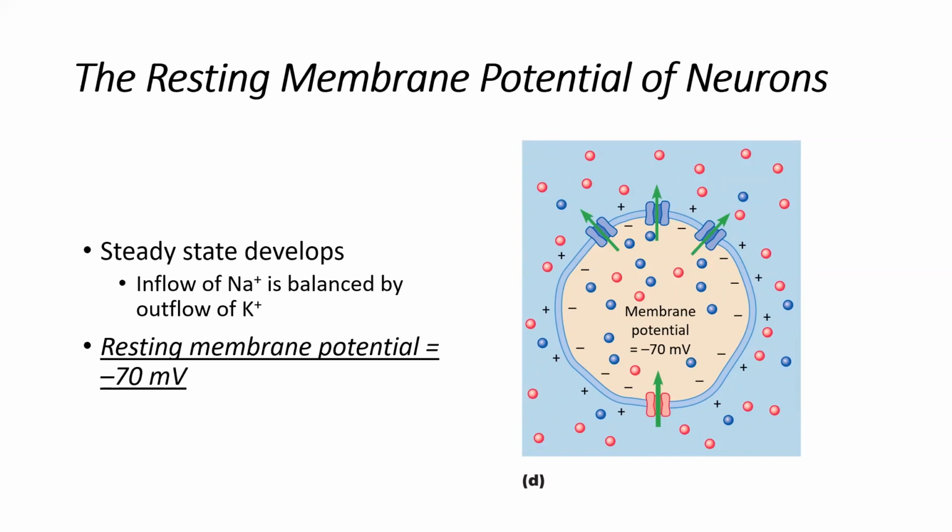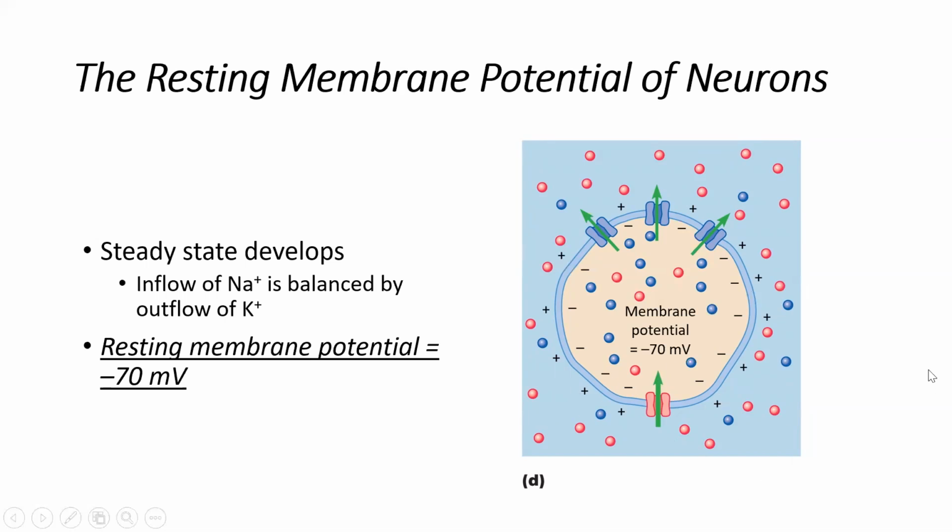And when we do all of that and the cell gets to steady state, if we stick a voltmeter into that cell, the reading that we get is -70 millivolts. So that is how we establish our resting membrane potential. Because of the relative concentration gradients of sodium and potassium, because of the relative permeability of sodium and potassium, right? The fact that potassium has a higher permeability, i.e. more potassium channels than sodium does.